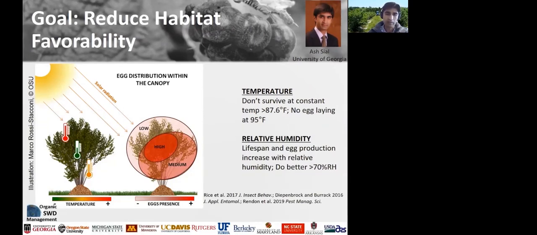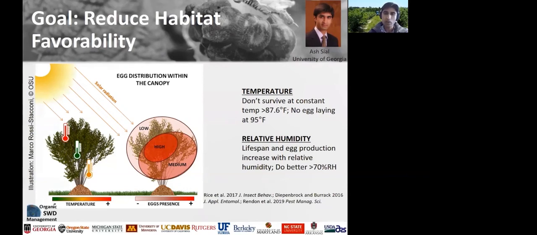At the same time, the relative humidity is higher in the middle of the canopy as compared to the lower and upper portions of the canopy. Now, when we look at SWD oviposition in the field, that is, based on our studies, higher in the middle of the canopy as compared to lower or upper portions of the canopy.